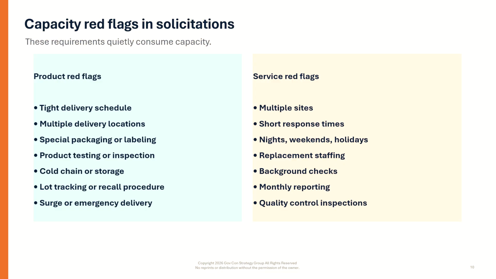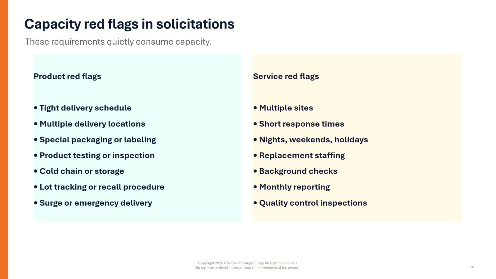Capacity problems usually show up inside the solicitation before you ever bid. Look for requirements that quietly consume time, labor, space, supervision, documentation, or cash flow. A tight delivery schedule, special labeling, inspection requirements, cold storage, multiple sites, short response times, after-hours coverage, background checks, reporting, and quality control all reduce capacity.